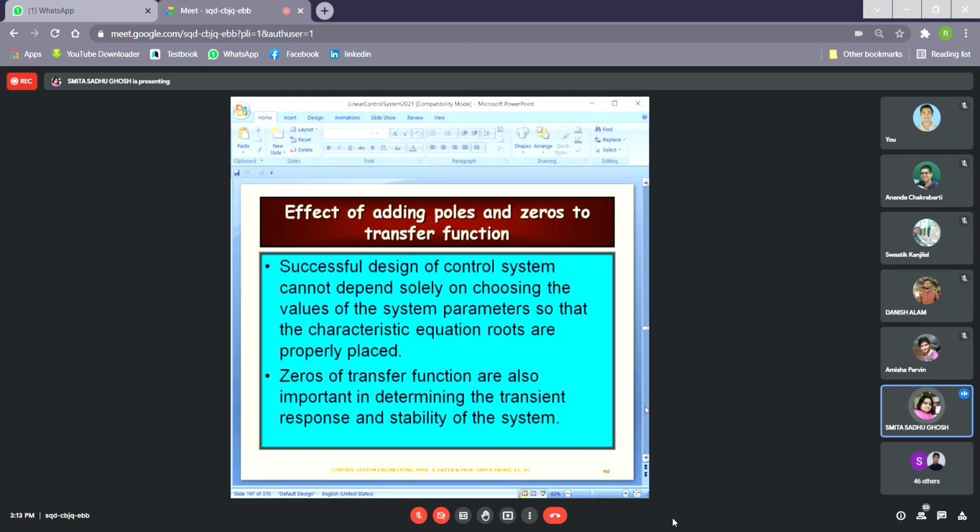So now we come to something else, that is the effect of adding poles and zeros to a transfer function. Till now we have just done the standard definitions and the second order response, and in the last class we had done the first order response. Now we are going to proceed a bit more from that point onward, which is the effect of adding poles and zeros to a transfer function.